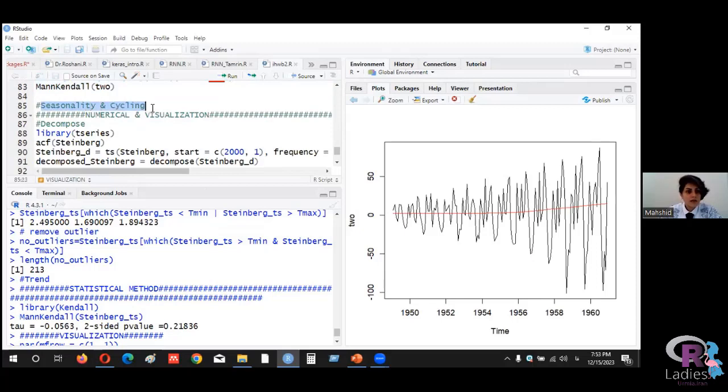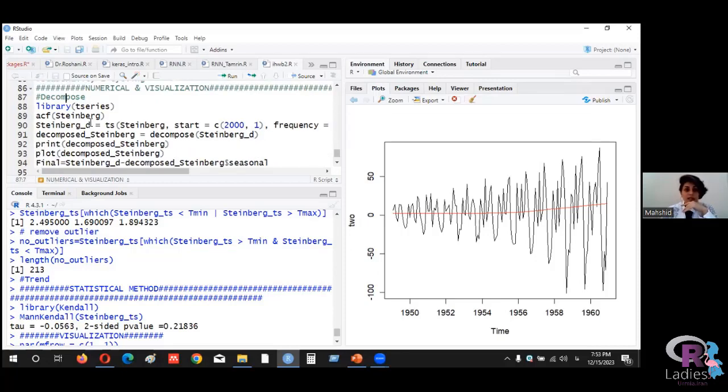Okay, now seasonality and cycling. For seasonality and cycling, we use the same methods for both of them, numerical and visualization. The most famous way for finding and removing seasonality is decomposition.